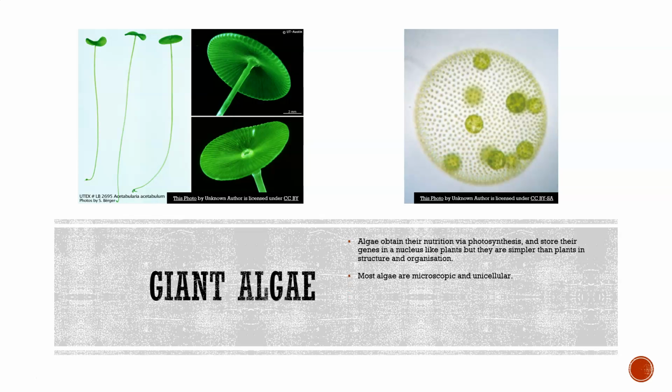Now most algae are generally microscopic and generally unicellular, so one cell. Now with our giant algae, they are still unicellular. However, they grow much, much larger than a normal algae cell. And this is giving you the idea of the size. So it is actually quite large for a single cell.